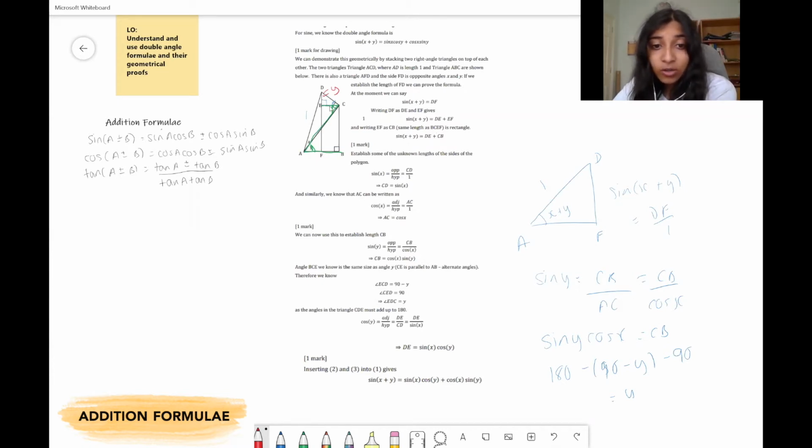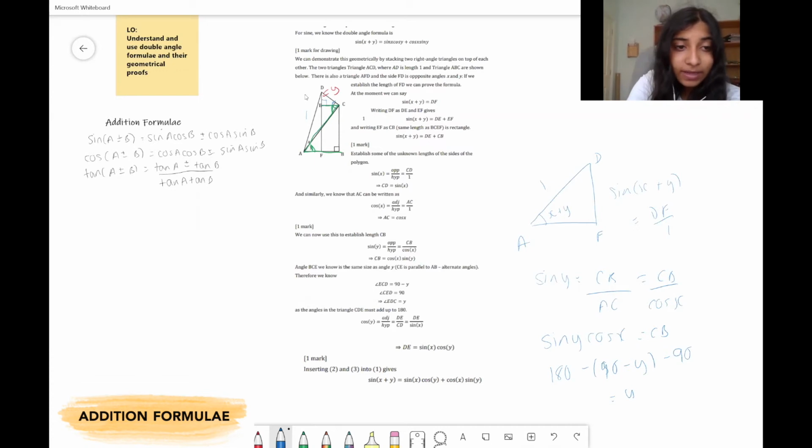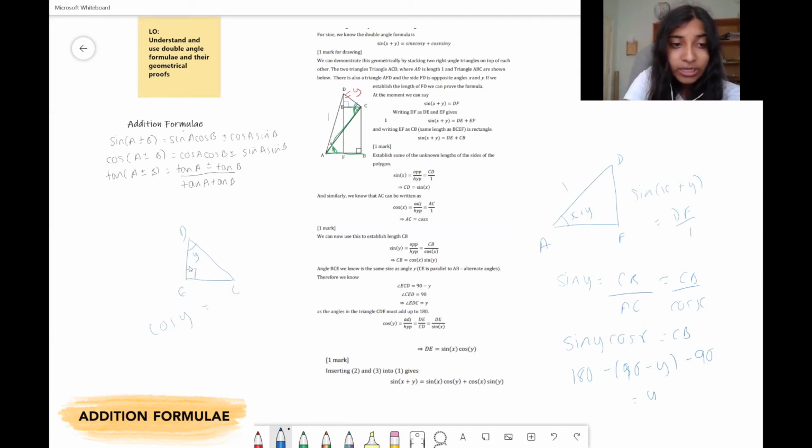So then if you do cos of y using the angle DEC, if I write that out here, so we have angle DEC, this is ECD, we worked out this as y. So then if we do cos y, that's just equal to the adjacent over the hypotenuse, so the adjacent is just DE, and then your hypotenuse is just this, CD.